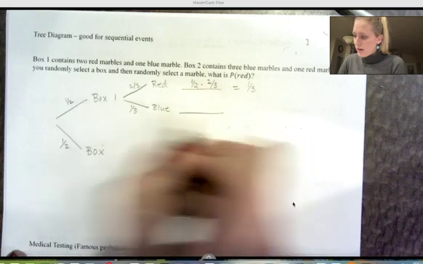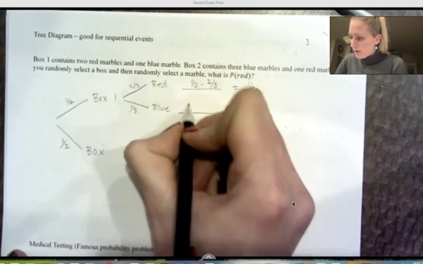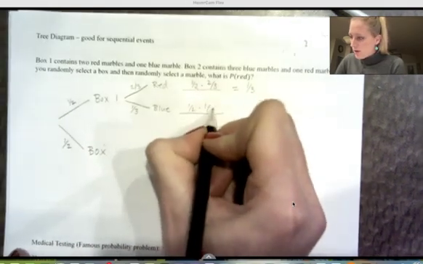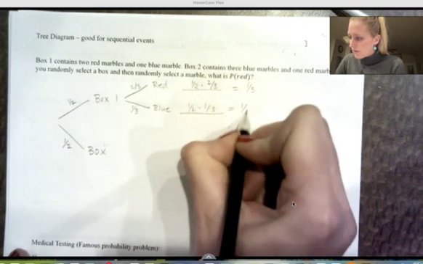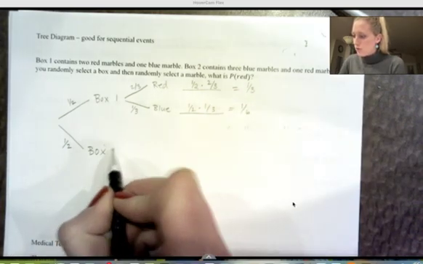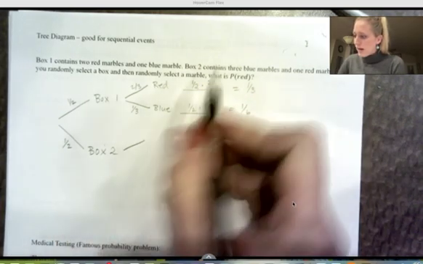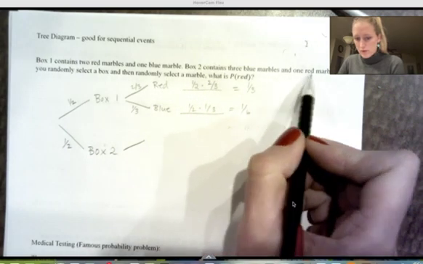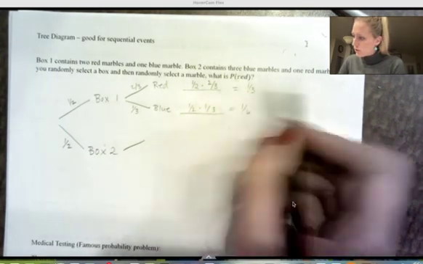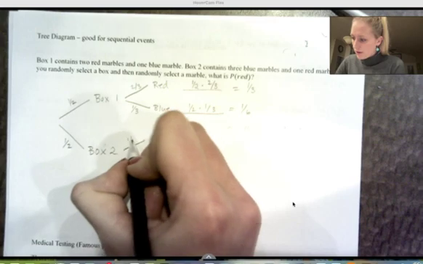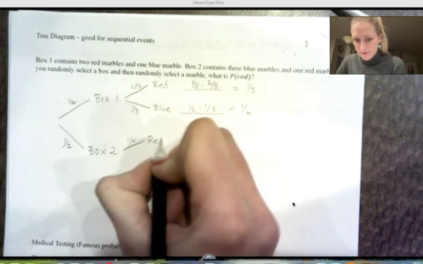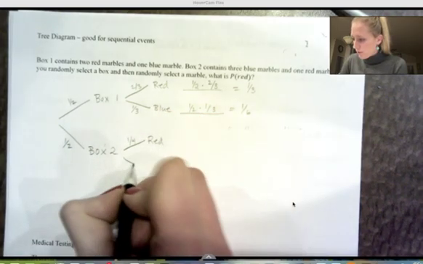Here I have 1/2 times 1/3, which is 1/6. Now box 2, we have 3 blue and 1 red. So there's a total of 4 marbles. So we have 1 out of the 4 for red and 3 out of the 4 for blue.